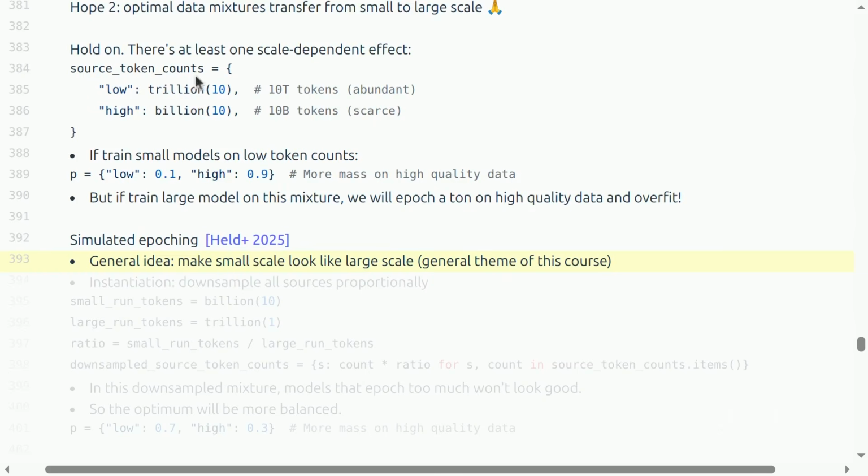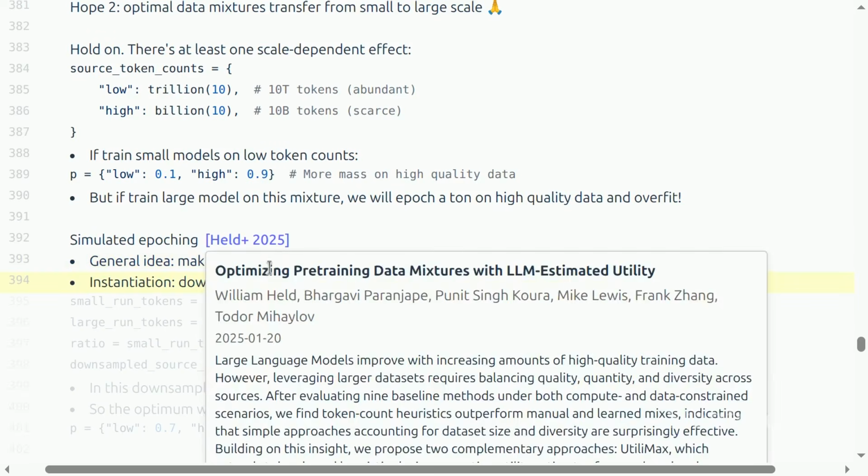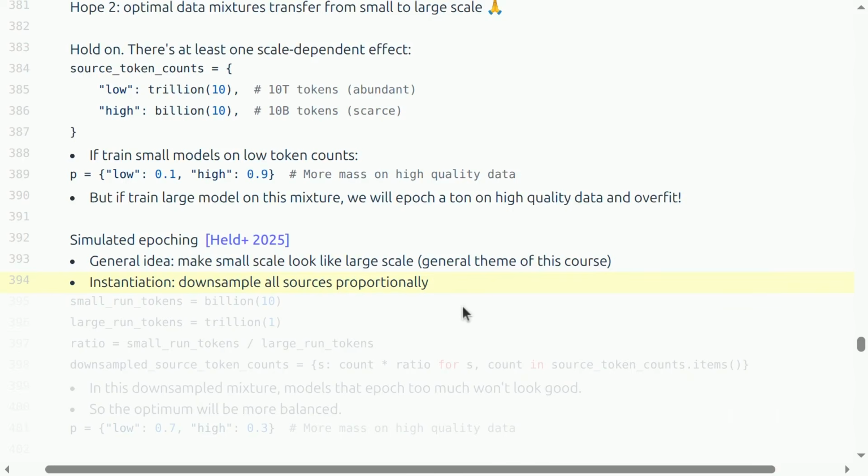The problem with doing this kind of naive scaling is that you can't be not epoching at small scale and then epoching at large scales, because then those are qualitatively different operations on your data set. So the way you would handle this is you downsample your sources proportionally.